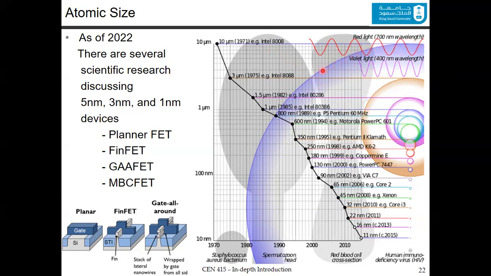We couldn't draw the whole thing because we don't have enough space in this slide. But you can compare this to the bacteria or to, for example, a blood cell, as you can see. This is the red blood cell. Or you can compare it to the HIV virus. And you can see that it was huge at that time.